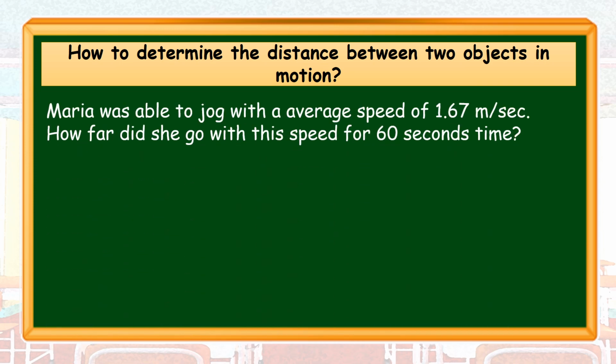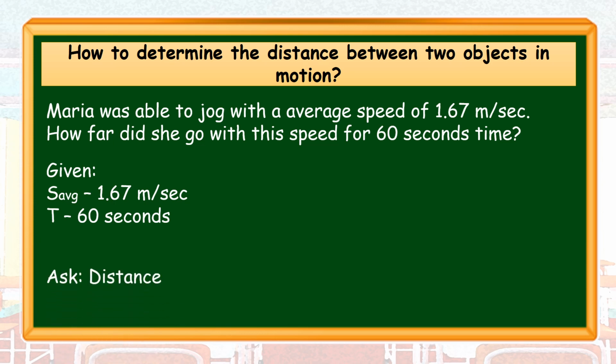Let's solve this problem. Maria was able to jog with an average speed of 1.67 meters per second. How far did she go with this speed for 60 seconds time? The given numbers are 1.67 meters per second for speed, and 60 seconds for time. Being asked in the problem is distance.